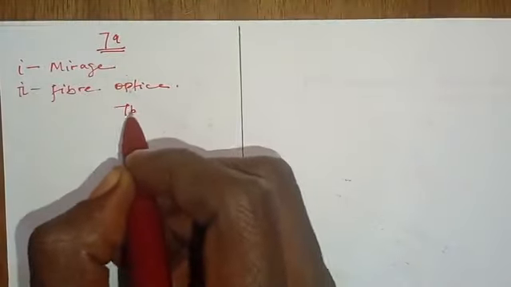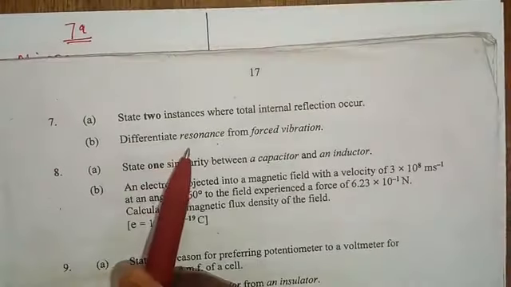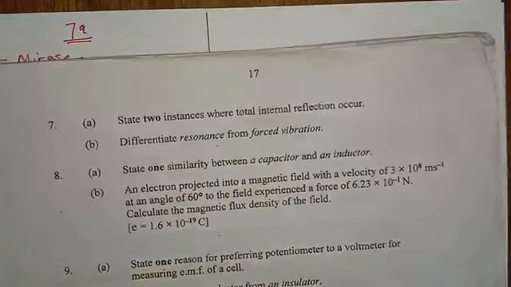So 7b says we should differentiate resonance from forced vibration.